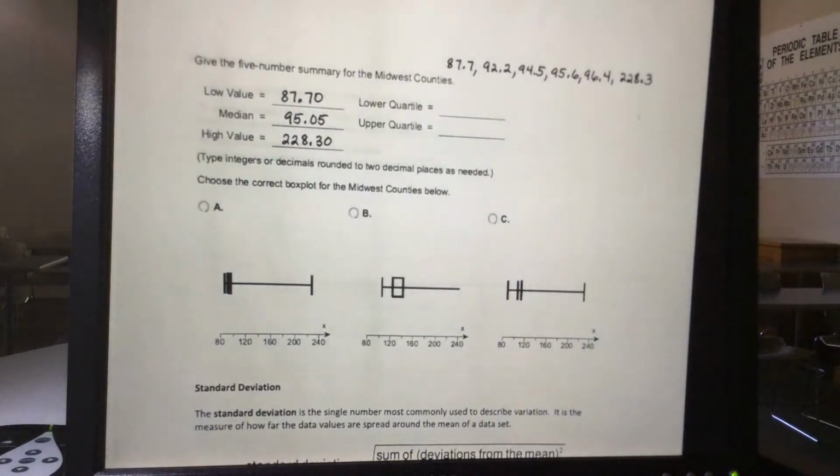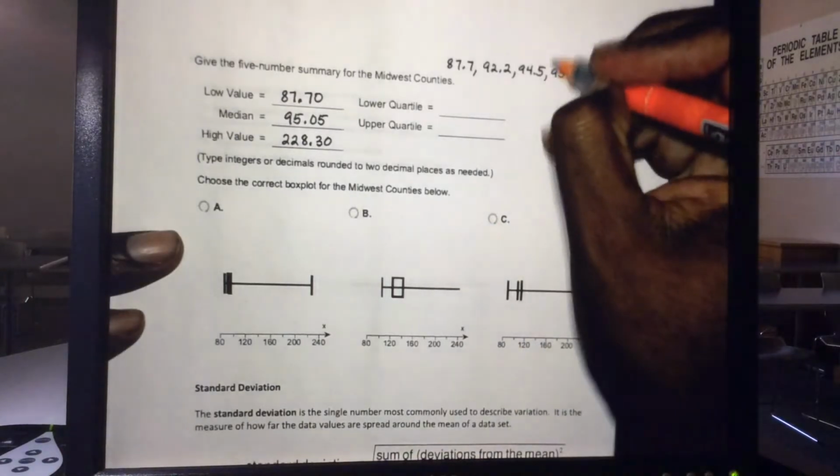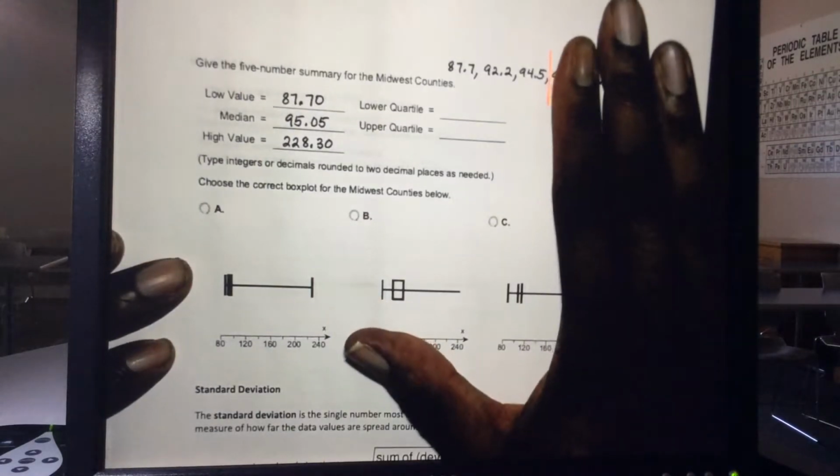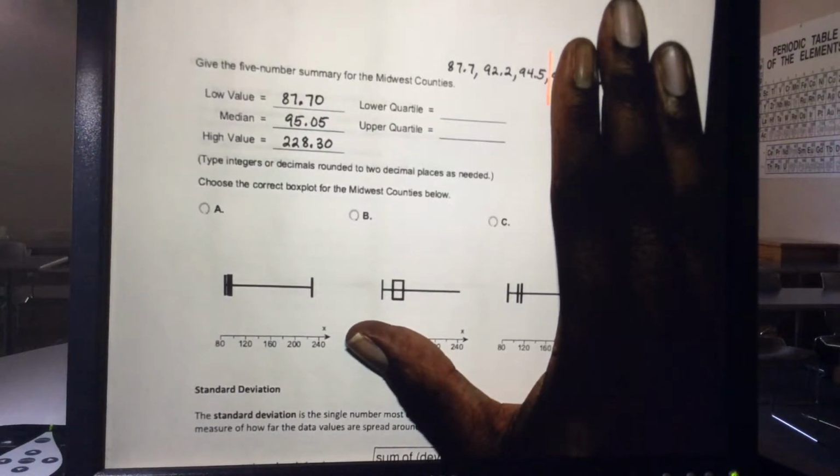So now we can find the lower and the upper quartile. Okay. We know the median is between the 94.5 and 95.6. So let's look at these numbers on the low end, 87.7, 92.2, and 94.5. The lower quartile is the median, or the middle number, of the values that are in the lower end of this data set.